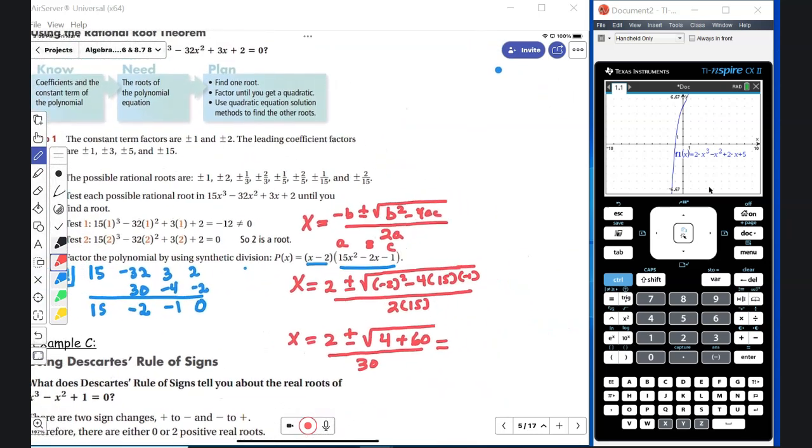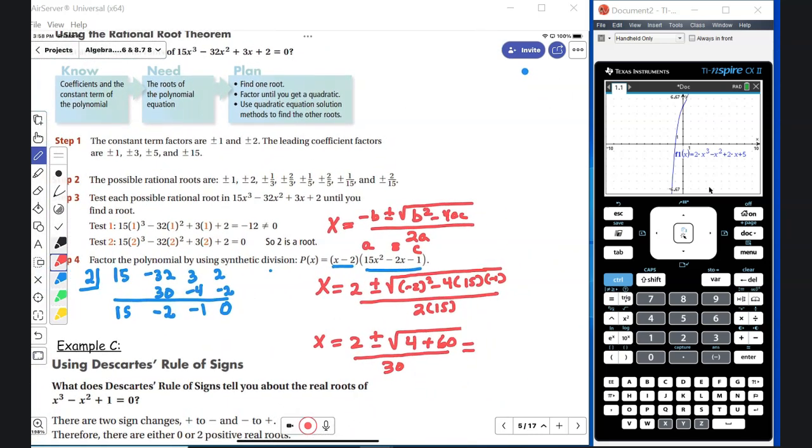So we have 2 plus or minus square root of 4 plus 60 is 64, divided by 30, equals 2 plus or minus square root of 64 is 8, divided by 30.